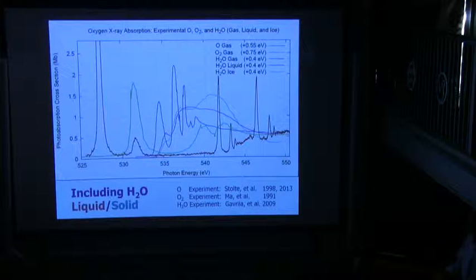Yeah, I don't know how to answer that exactly, but you can just look at the red and see that this is not the red. In deep space it's cold enough.